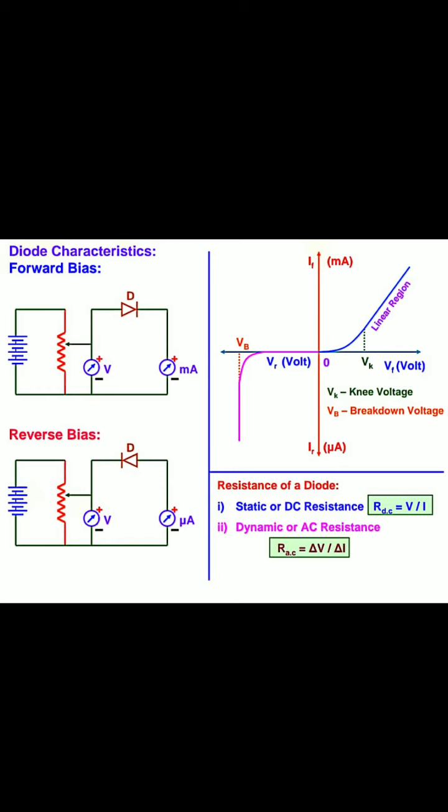This side is the forward bias, and on the left side, the negative region, we get almost zero current. You see that it's almost zero. After a certain voltage, because the minority carriers flow from one side to another side, at a fixed voltage the voltage will not change, but the current increases.